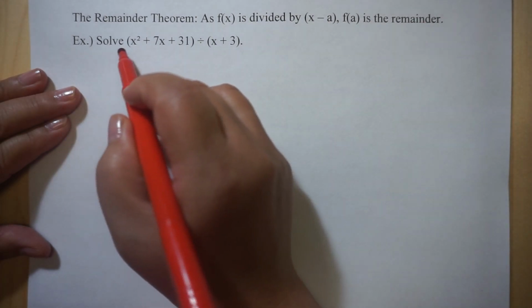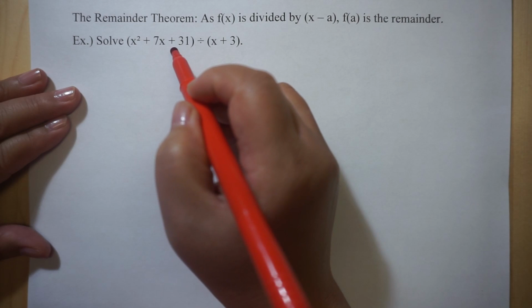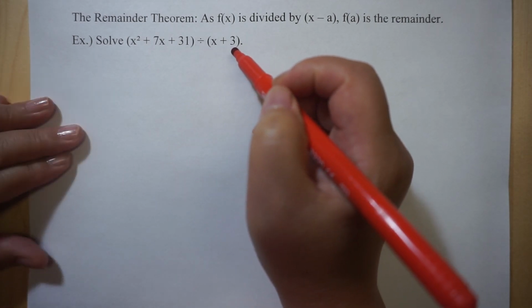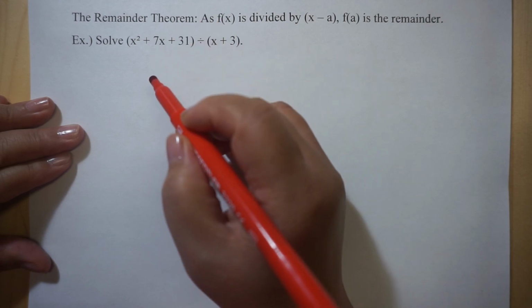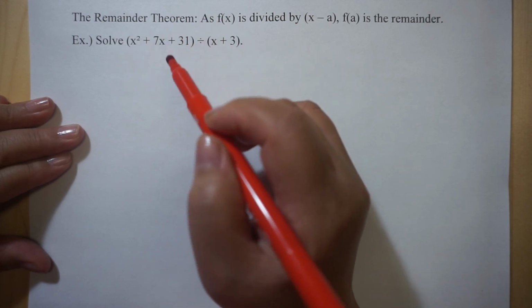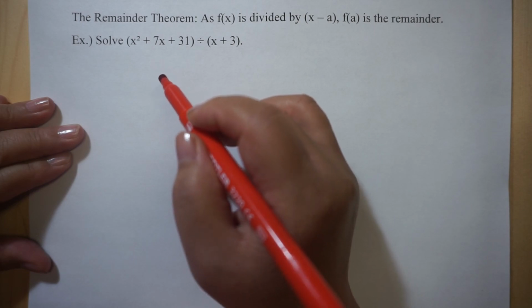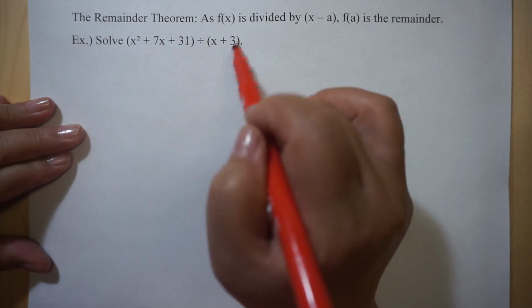Example, solve x squared plus 7x plus 31 divided by x plus 3. First of all, I'm going to introduce you the remainder theorem, and now I'm going to show you synthetic division and long division to solve this problem.